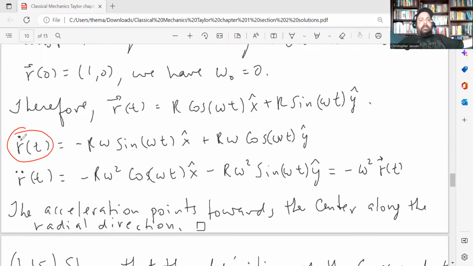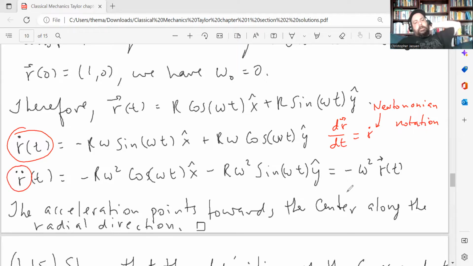So r dot stands for the first derivative with respect to time. And I think this notation was used by Newton, which is why they still use it in physics. So this is Newtonian notation. And the notation here with the 2 dots stands for the second derivative with respect to time, and so on.